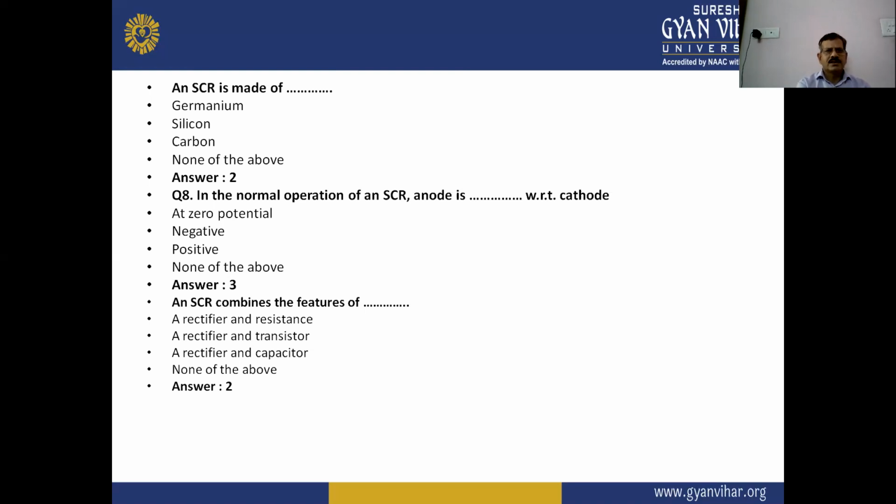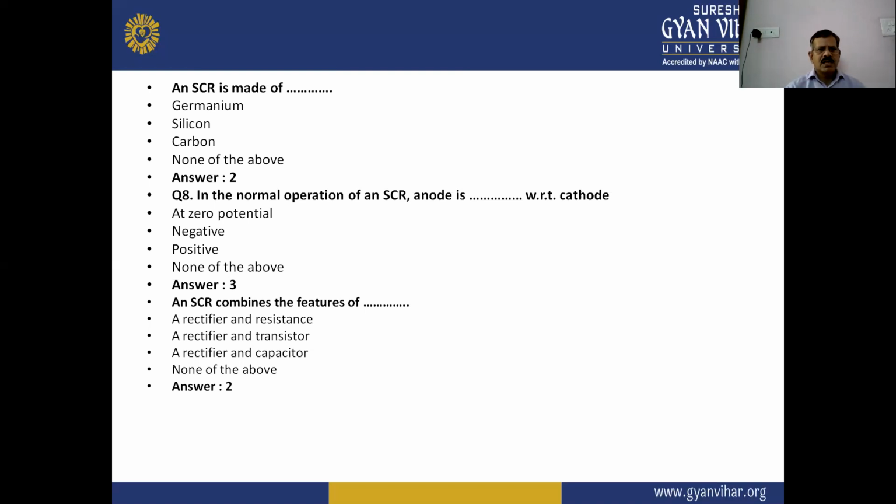In the next question, a silicon controlled rectifier is made of germanium, silicon, carbon, or none of the above.